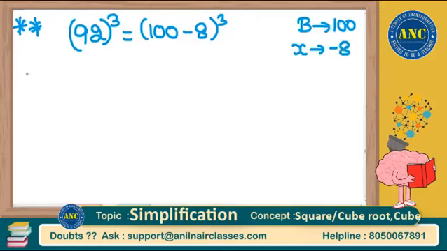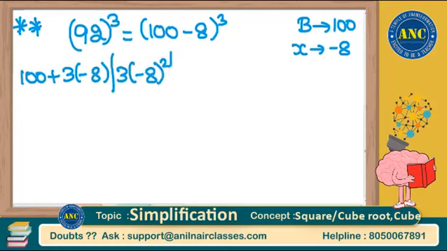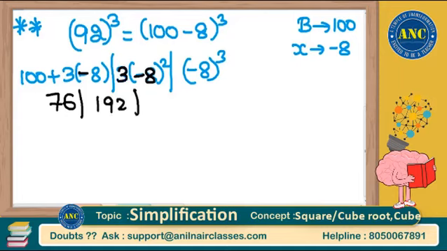Now, b plus 3x: 100 plus 3 into minus 8, slash 3x square: 3 into minus 8 whole square, slash x cube: minus 8 whole cube. Simplify further. 100 minus 24 is 76, minus 8 whole square is 64, 64 into 3 is 192, minus 8 whole cube is minus 512, right?